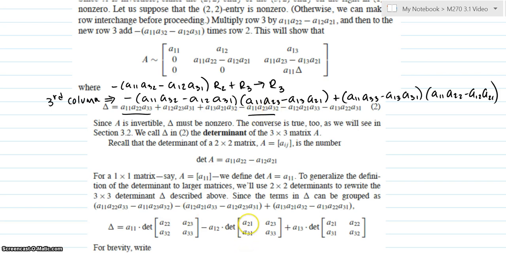Similarly, this one is A21, A33. It's a minus, with an A12. And then this one would be a plus, because it's a minus there and we're going to subtract with that negative. It's going to be A11, A23, and A31.